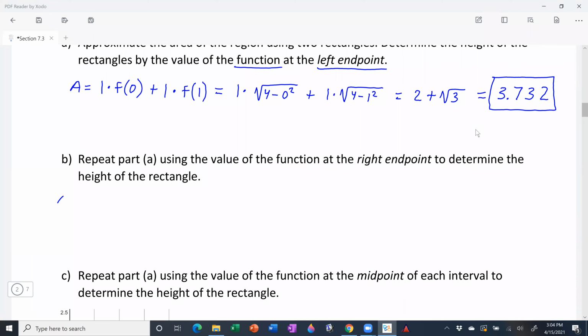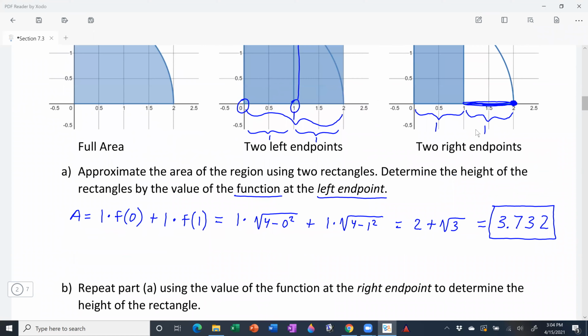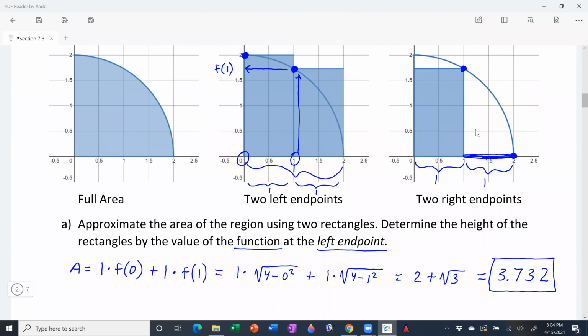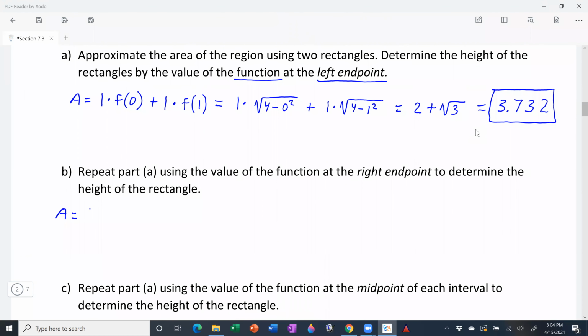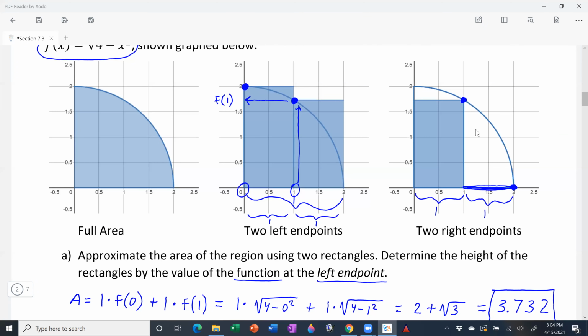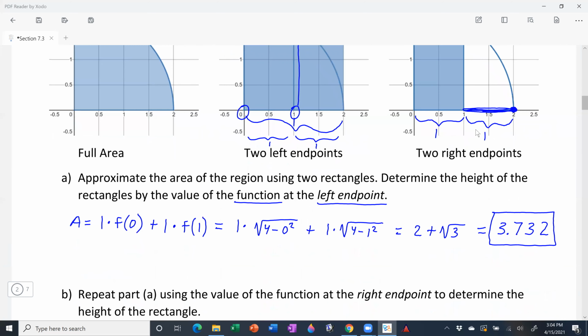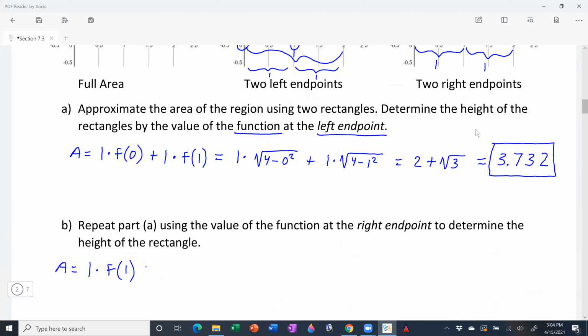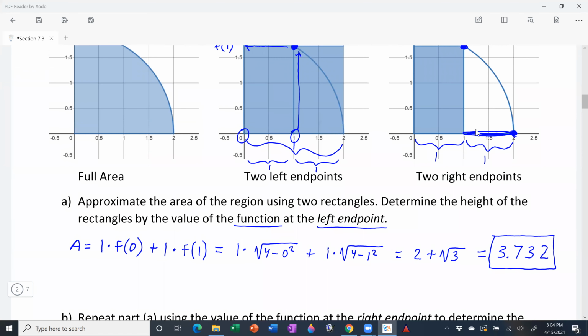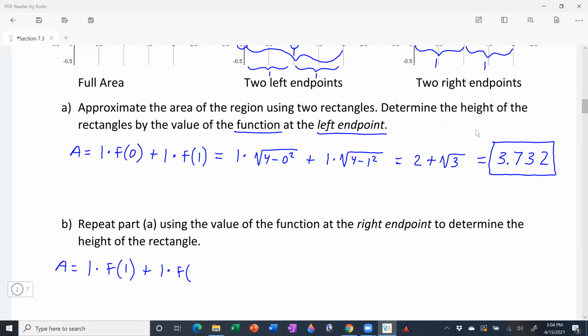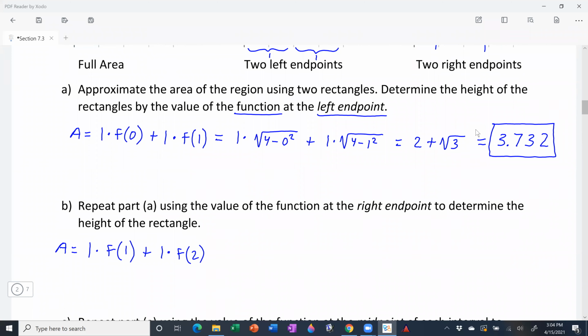So let's do the same setup again. Area would be, and each of those rectangles is just width times height. They're both 1 each time. It's 1 times f of, and so for right endpoints, the first rectangle is evaluated at f of 1. Plus the second rectangle is width of 1 times the function value at the right endpoint, which, like I said, over there at 2, the function value at 2 is 0.